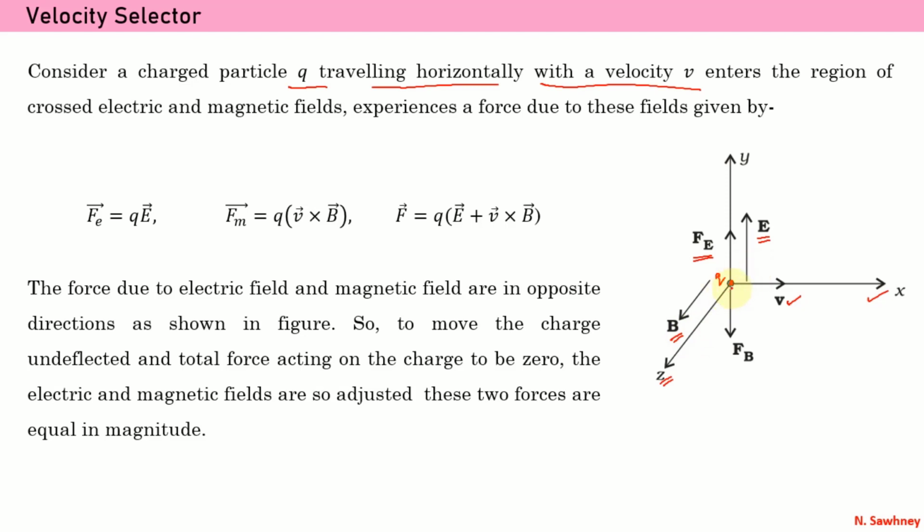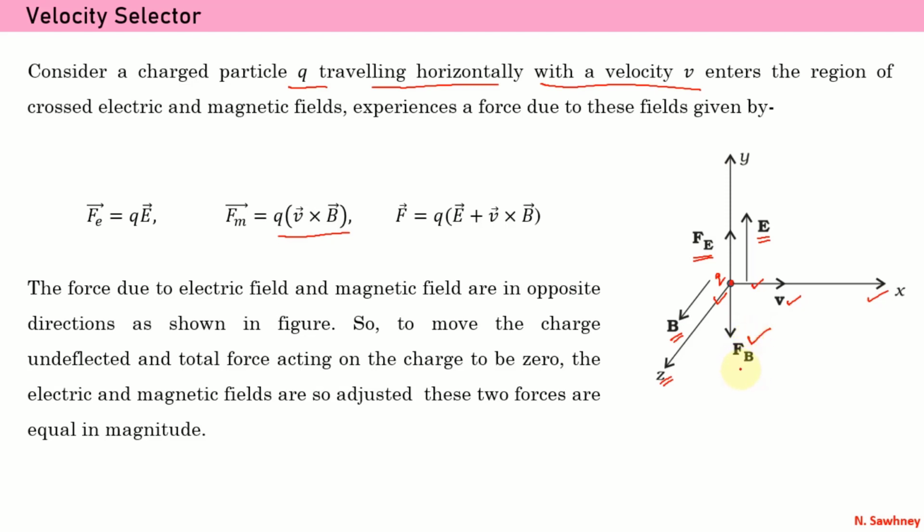As both velocity and magnetic field are perpendicular to each other, it will experience the force given by F equals Q into V cross B, and its direction will be according to Fleming's left hand rule, that is, the direction of the force due to the magnetic field will be perpendicular to the velocity and magnetic field direction.